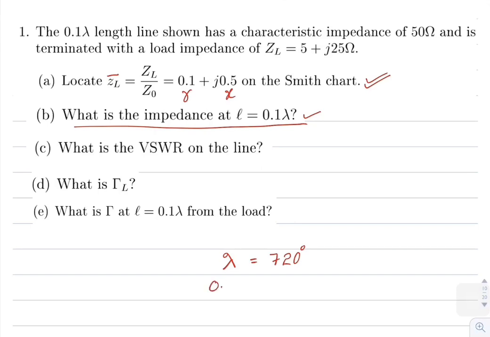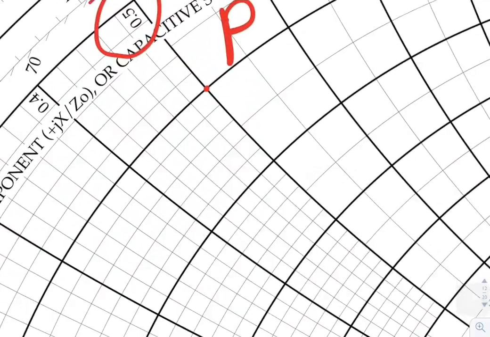That means 0.1 lambda equal to 0.1 multiplied with 720 degrees, that is equal to 72 degrees. Therefore, you have to travel 72 degrees on the Smith chart from the load. So this point P represents our load.